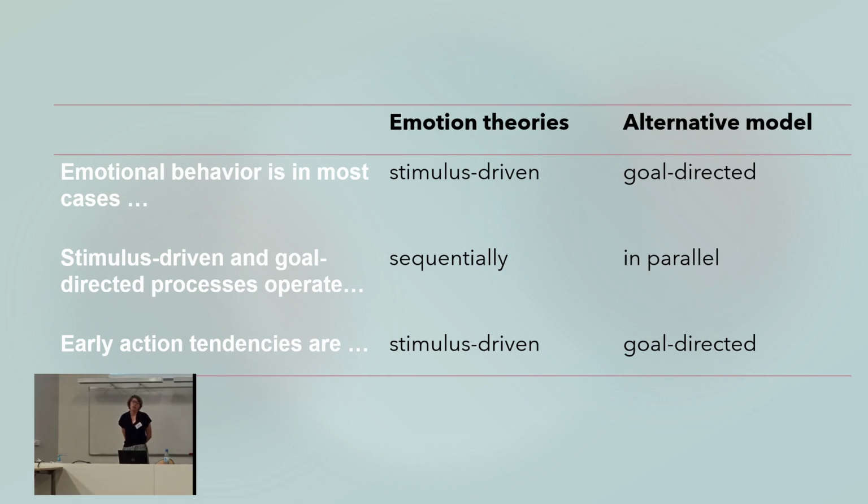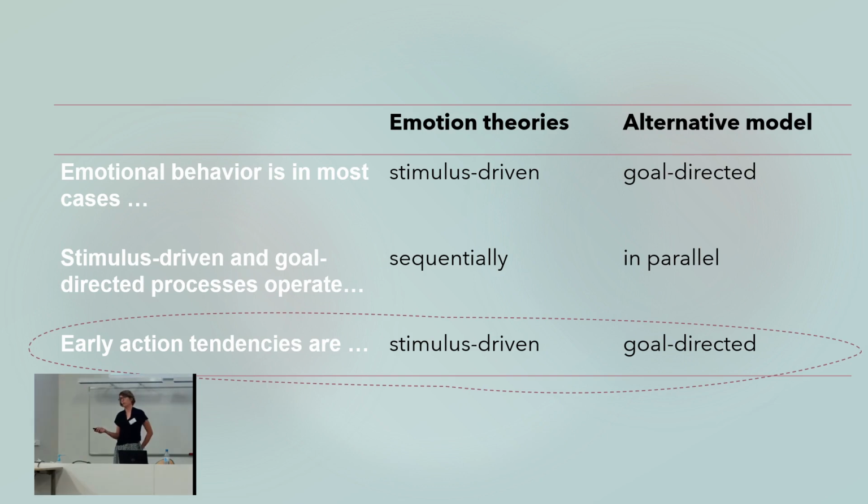And this is an important difference. Common emotion theories say that early action tendencies are stimulus-driven, versus the alternative model says that they are goal-directed. And this last point is what I present a study about in this presentation.